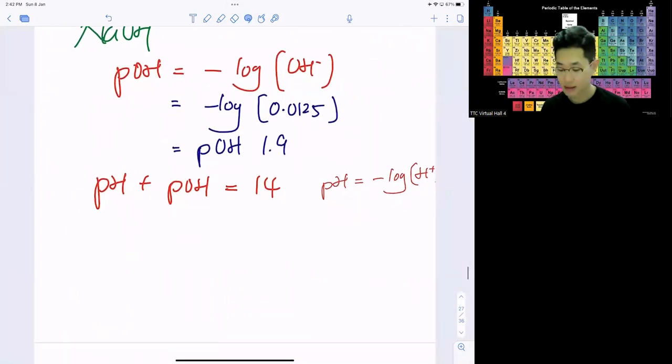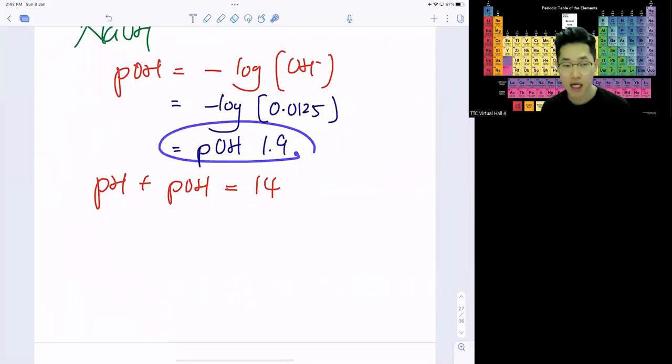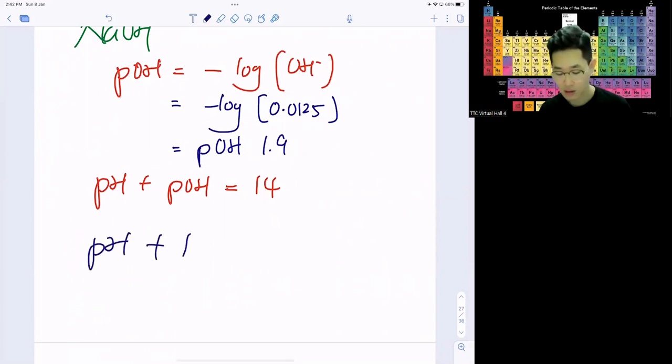Then how to find pH? When you want to convert pOH into pH, you sub it in. That means you move it to the other side and minus, 14 minus 1.9. So the answer is pH 12.1.